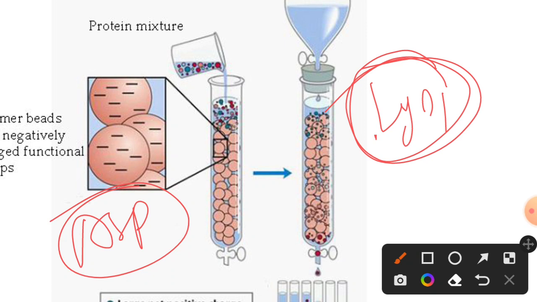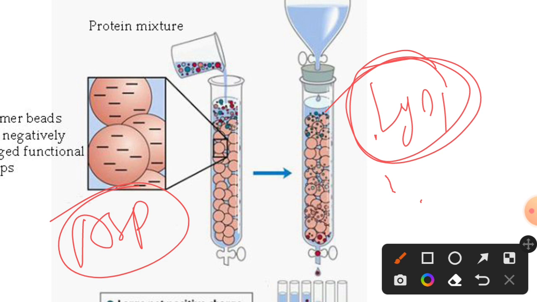So here I want to touch on an important concept, that is the pI value of the protein. The pI value is the pH at which the protein does not migrate towards either electrode. So if your environmental pH is greater than the pI of your protein, that means what? That means your environment becomes basic, right?